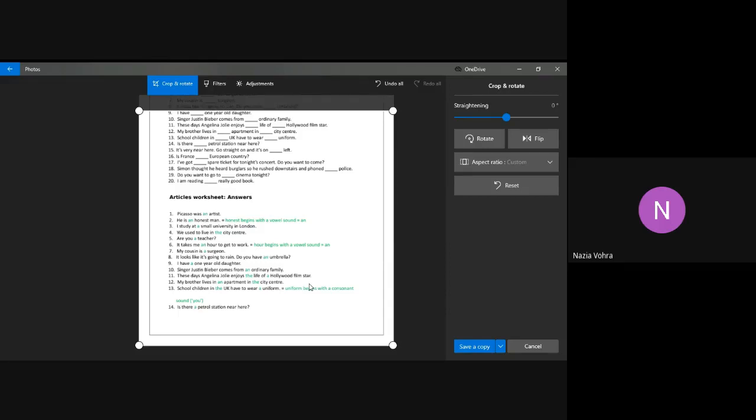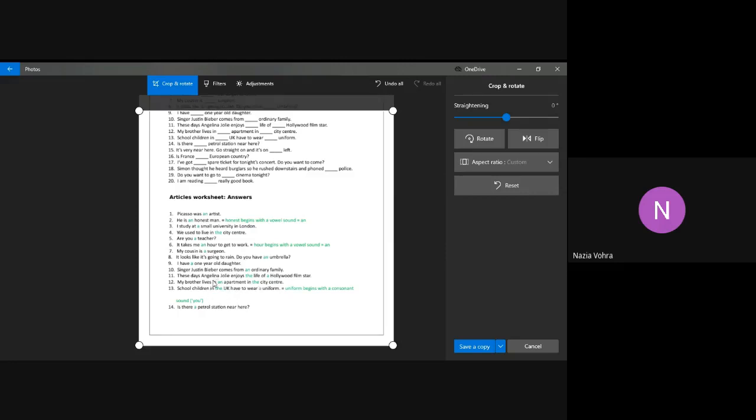Hollywood is not specified. Hollywood has many films, so that is why a Hollywood film star. My brother lives in an apartment in the city center. City center is specified, so in the city center.